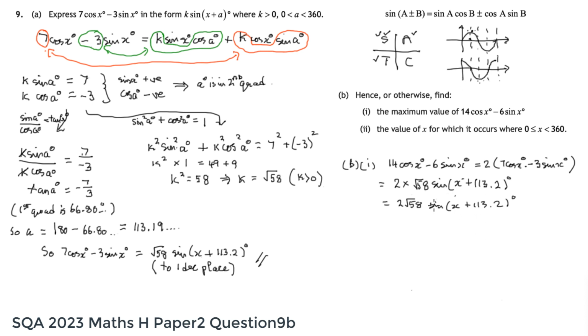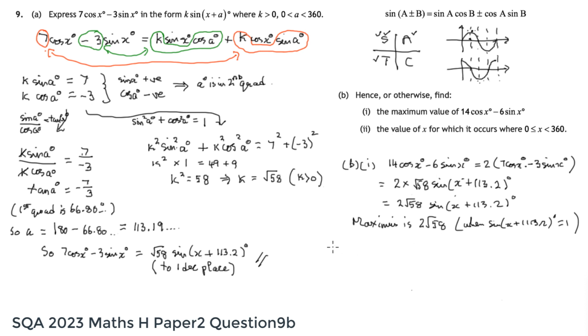So the maximum of this expression will be 1. And since we're multiplying by 2 root 58, the maximum of this will be 2 root 58. So maximum value is 2 root 58. That happens when the sine of x plus 113.2 is equal to 1. So we've achieved the maximum.